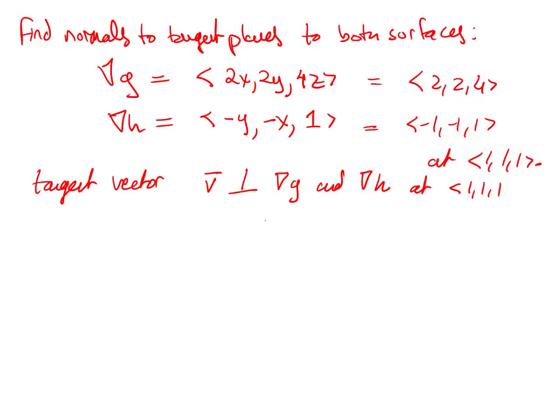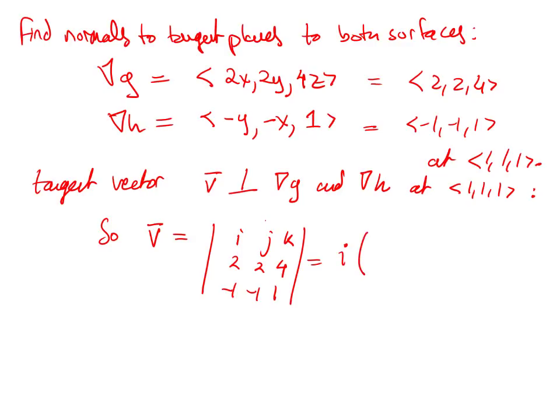And so in particular, it means I can find it using a cross product. So if I take v equal to the cross product, then I will get a tangent vector to the curve at that point.